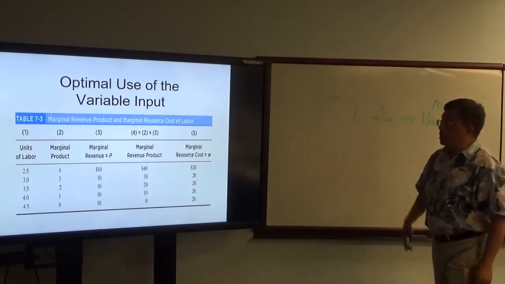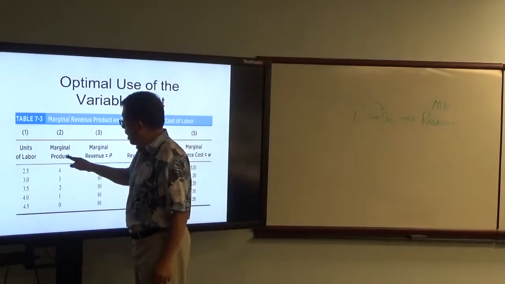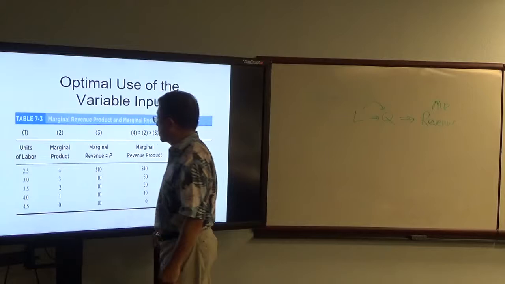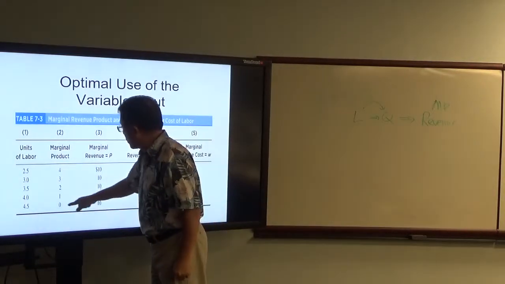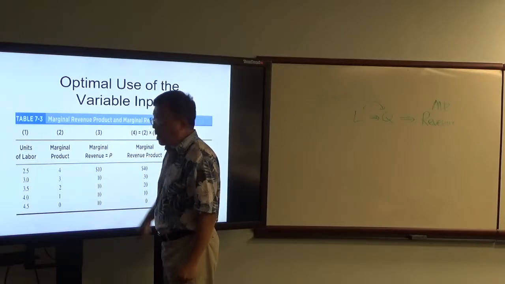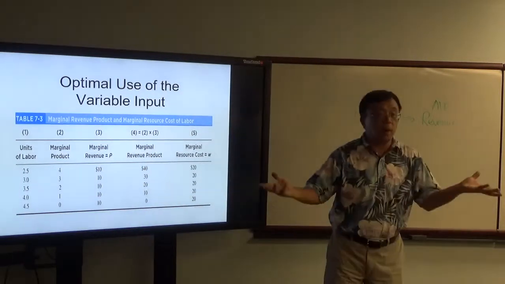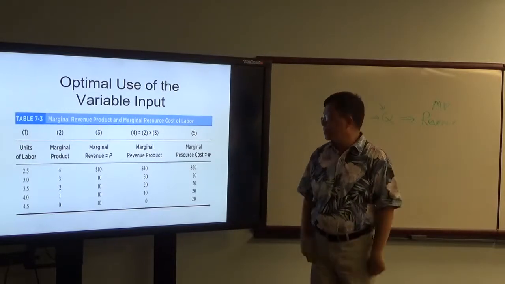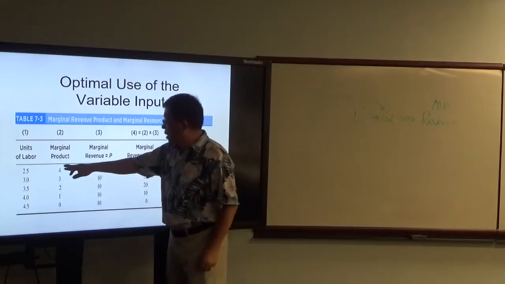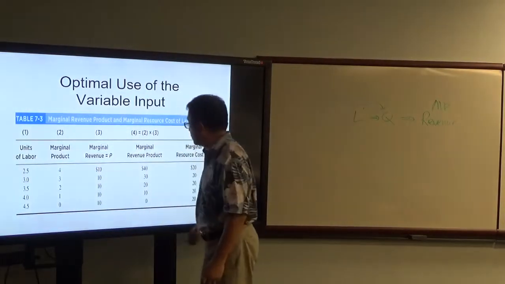So in our example, remember we have the marginal product of labor. In this example, we have the marginal product of labor. And also, we're assuming the price is constant. So which makes it extremely easy, the marginal revenue is constant. So we can figure out the marginal revenue product, which is the product of marginal product and marginal revenue.